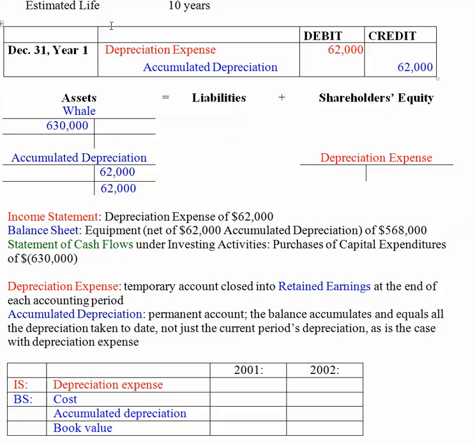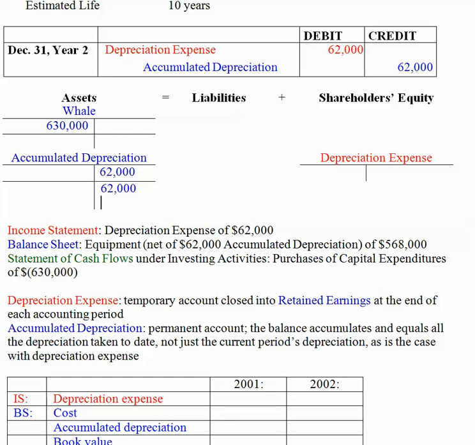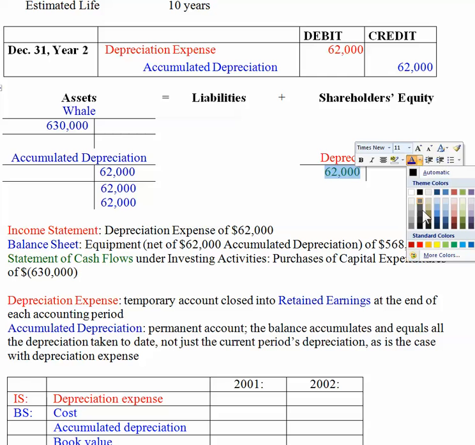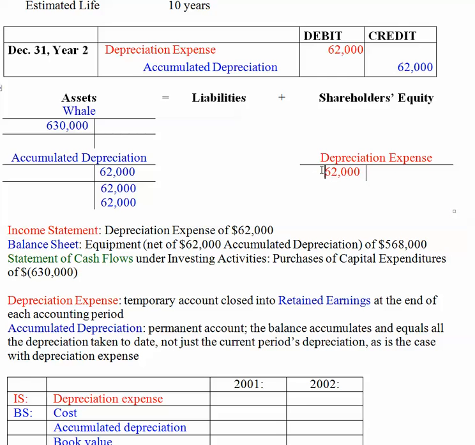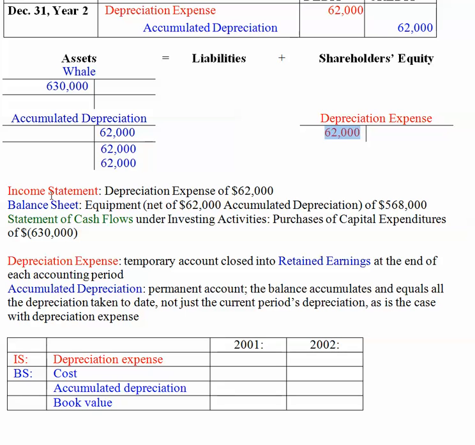Now we go into year 2, you're going to make the exact same entry, okay? And you're going to post another 62,000, right? And you're going to expense 62,000. So that is going to represent your amount of usefulness used in year 2. As far as what's going to show up on the financial statements, your income statement will show 62,000.